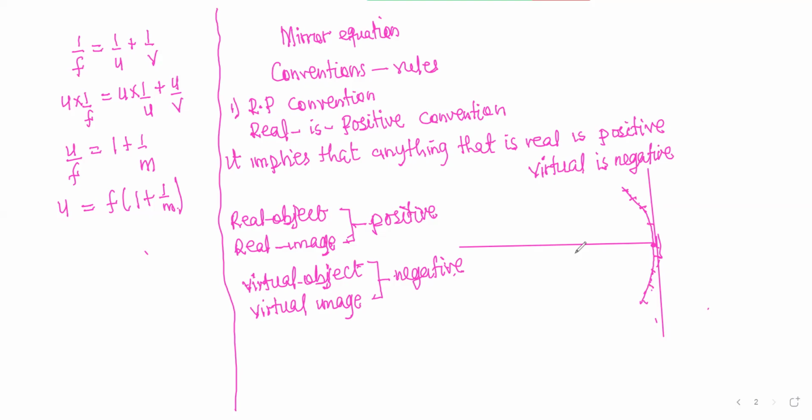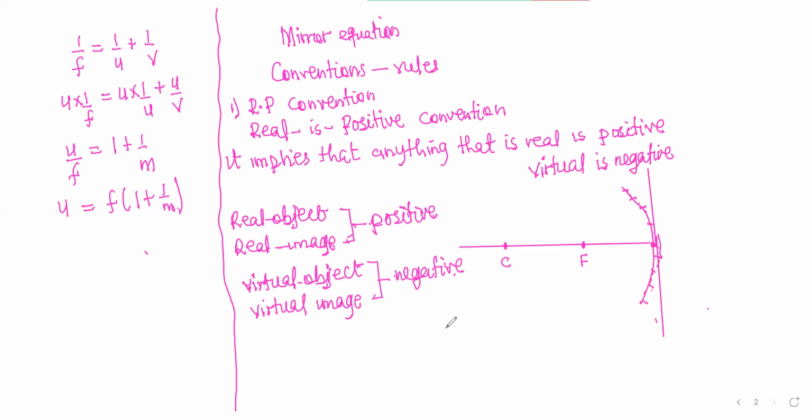A concave mirror has a real principal focus. A concave mirror has a real center of curvature.